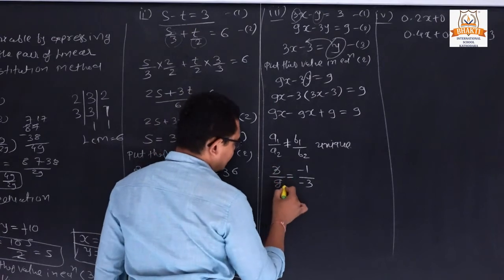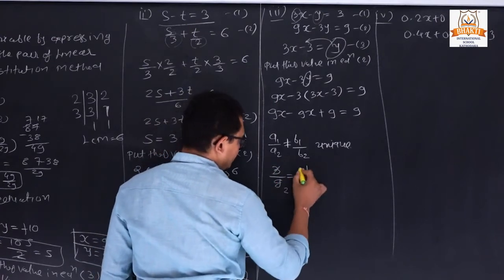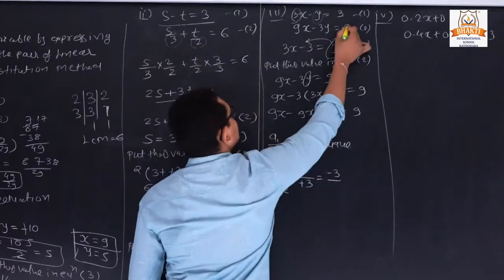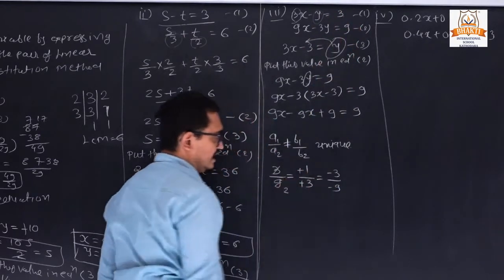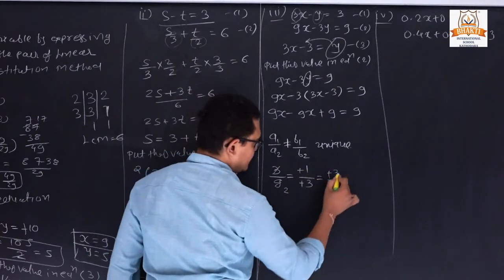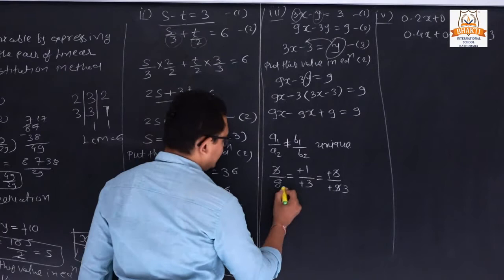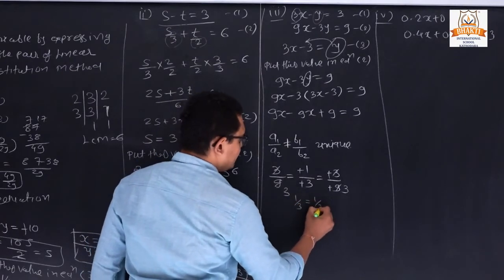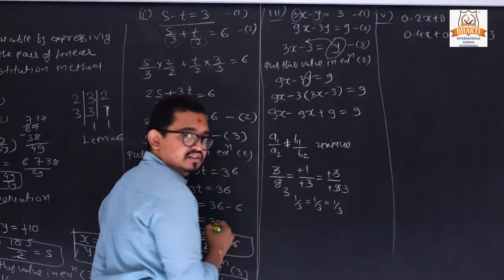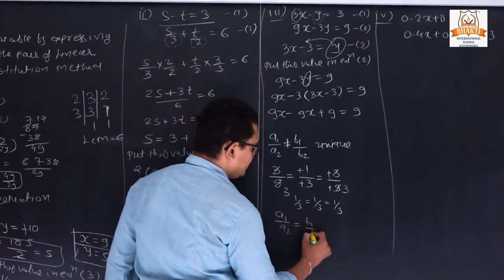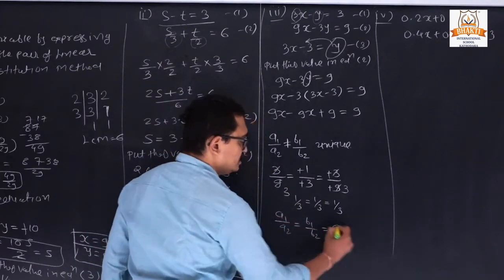So 3 1s are 3, 3 3s are 9. Here minus minus plus, and what is c1? Minus 3, and this is going to the second side, so minus 9. So once again minus minus plus, 3 1s are 3, 3 3s are 9. So it means what? See that 1 by 3 is equal to 1 by 3 is equal to 1 by 3. So here we have which situation? a1 upon a2 is equal to b1 upon b2 is equal to c1 upon c2.